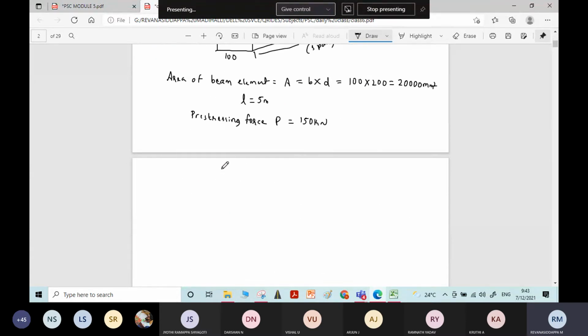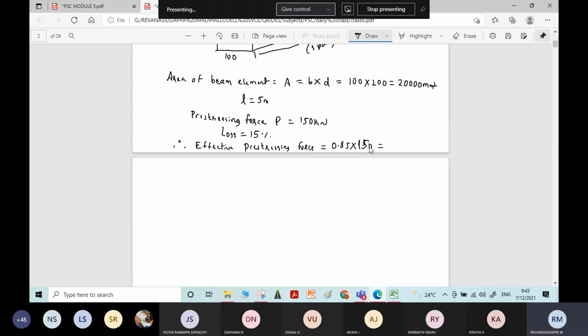So the effective pre-stressing force becomes, loss is equal to 15%. Therefore, the effective pre-stressing force will be how much? 15% loss means only 85% of this force. 0.85 into 150.